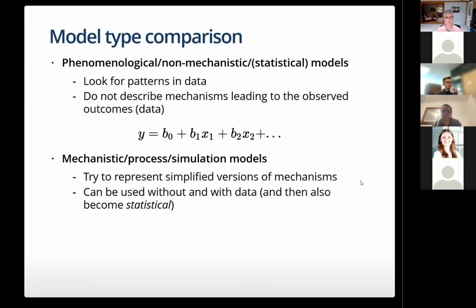And so because a lot of you are familiar with what's sometimes called statistical models, I don't like that term too much, because the kind of models we're talking about here can also be statistical in the sense that you're fitting them to data. So I prefer the term non-mechanistic or phenomenological. Basically, you apply those models to data. Broadly speaking, you're looking for patterns in your data.